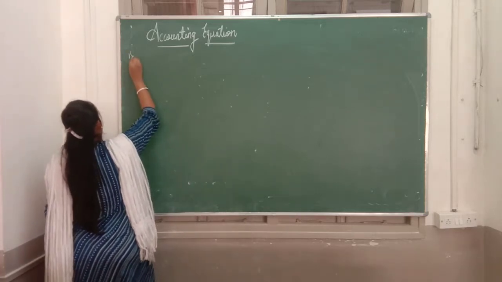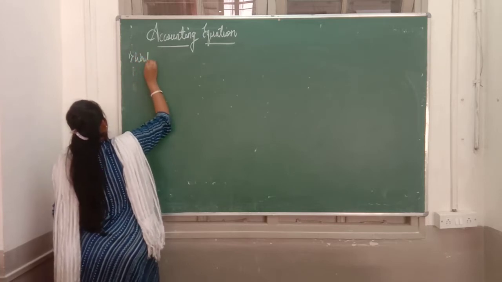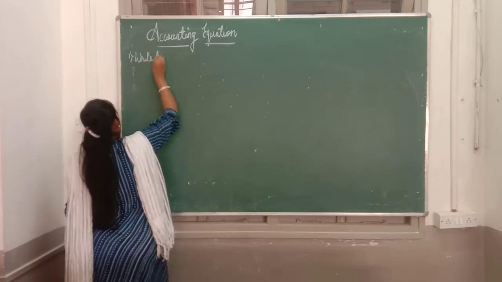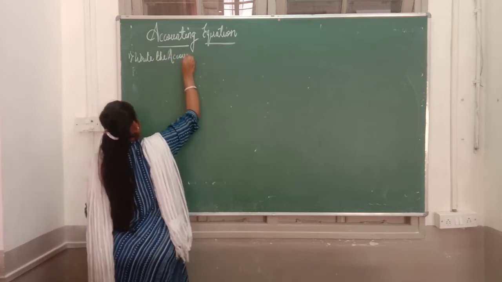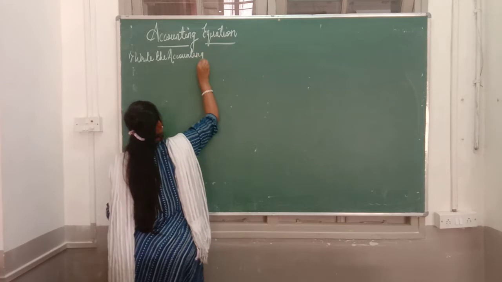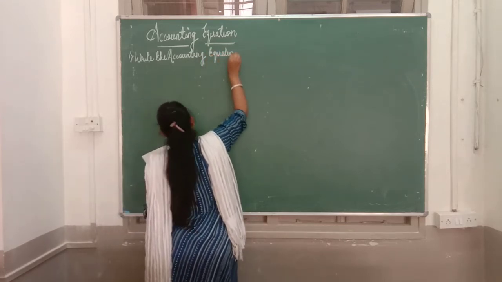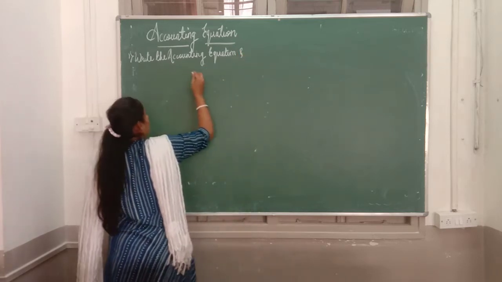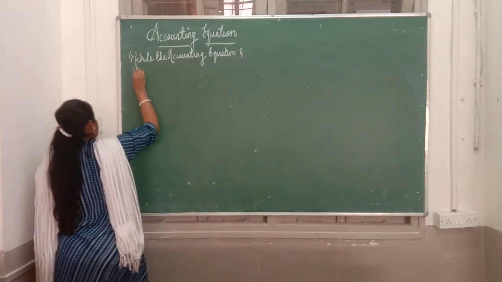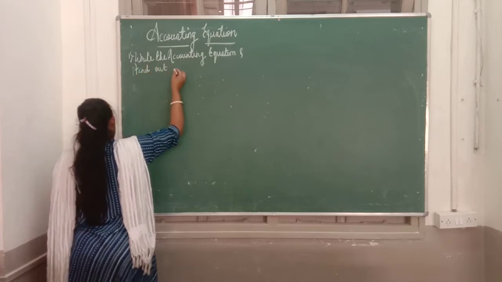This is the first problem: write the accounting equation and find out the missing figure.